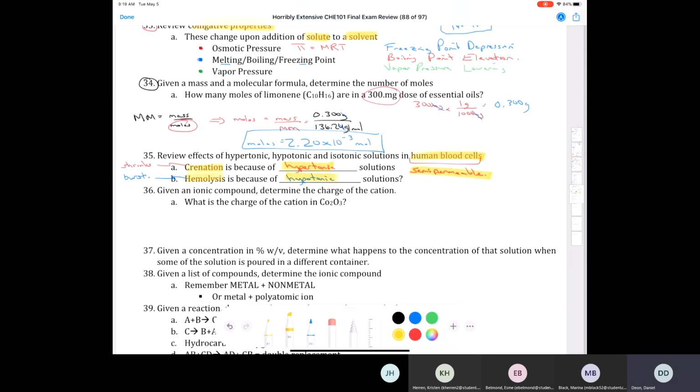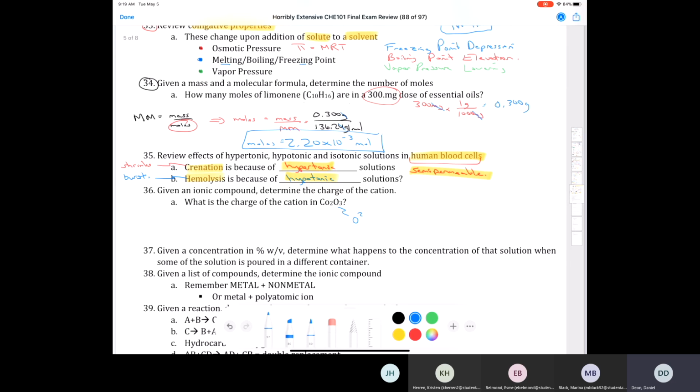The next question says, given an ionic compound, determine the charge of a cation. We already did a question very similar to this in the first part of the lecture. You should always remember that oxygen almost always has a charge of -2.